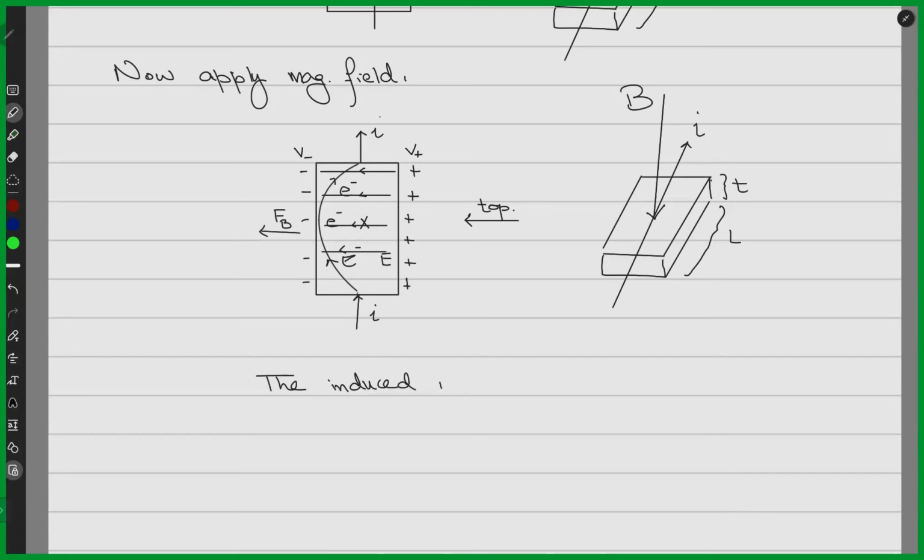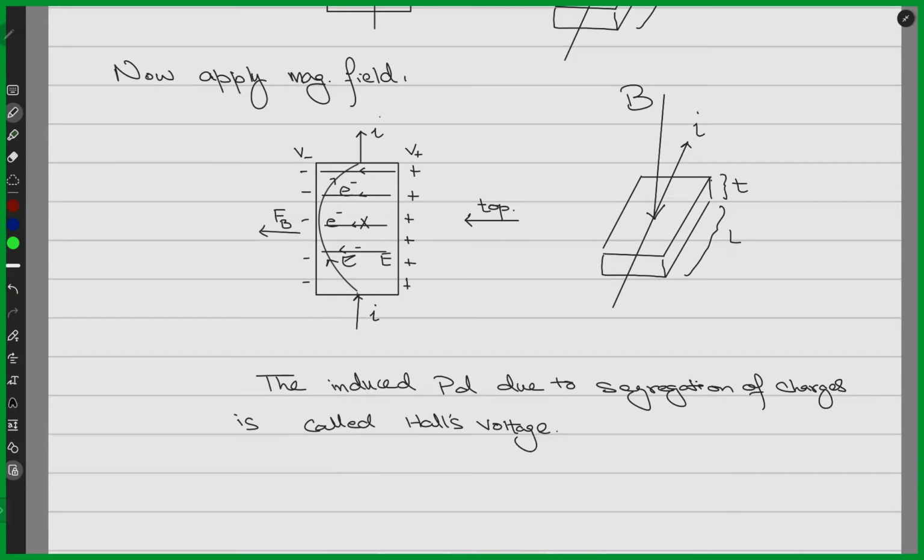So the induced potential difference due to segregation of charges is termed the Hall voltage.